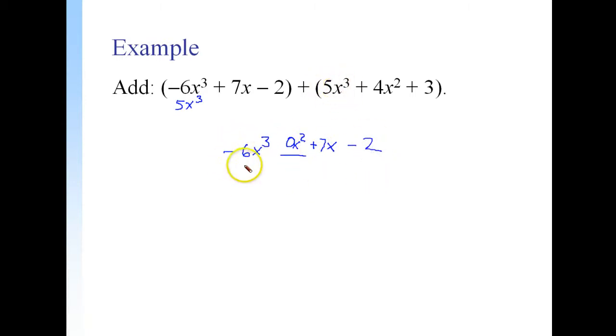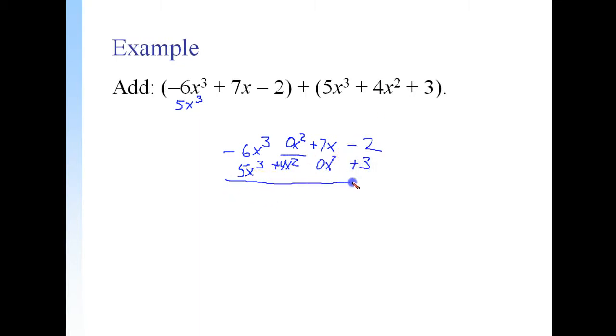So now we can put this here. 5x to the third. There is a plus 4x squared. Nothing under this, so we could put 0x squared there. Doesn't have any value. And we can put a plus 3.